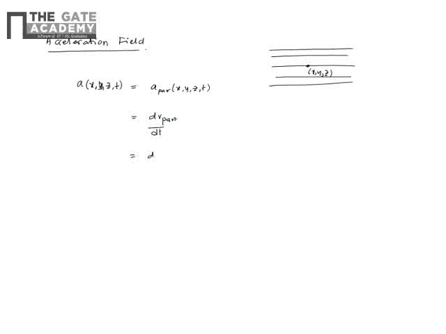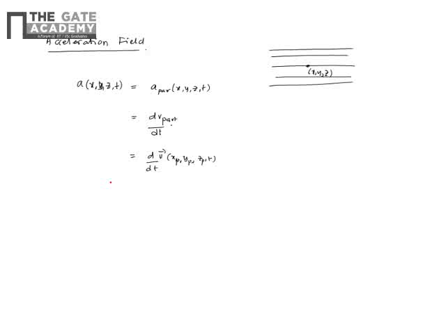Now, the velocity of the particle can also be written as the velocity as a function of where the particle is, at x, y, z. I'm just writing the velocity of the particle in terms of the velocity vector at the point occupied by the particle. So I can just write it in this way.